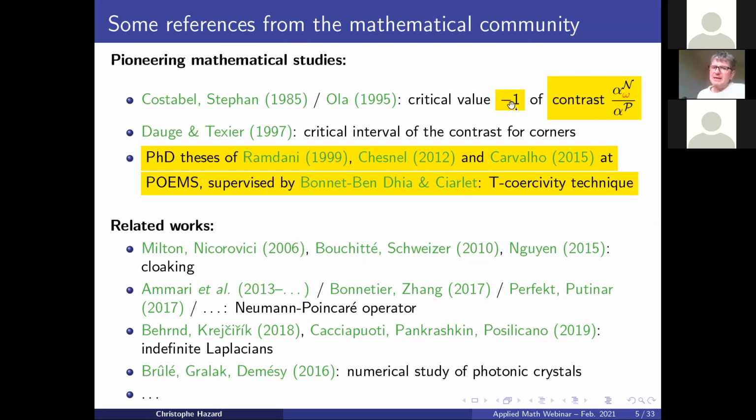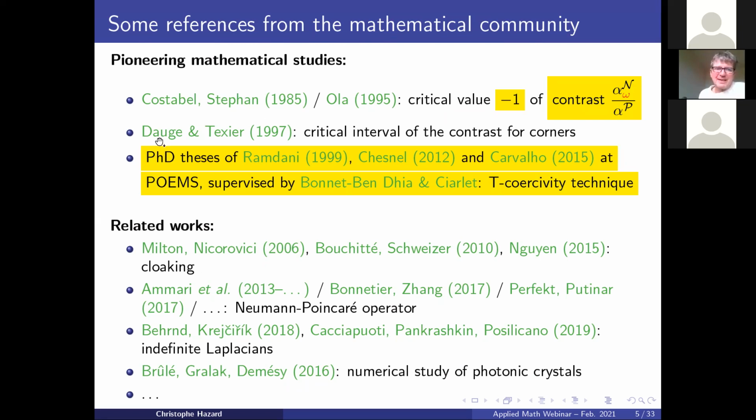they showed that when this contrast is equal to -1, this is a critical value in the sense that the scattering problem becomes ill-posed, whereas it is well-posed when the contrast is different from -1. So they were the first to show the role of this critical value.